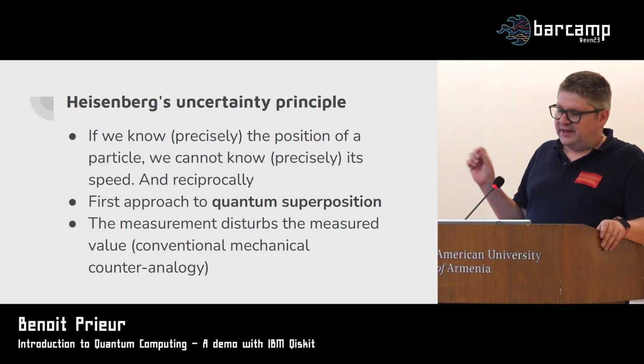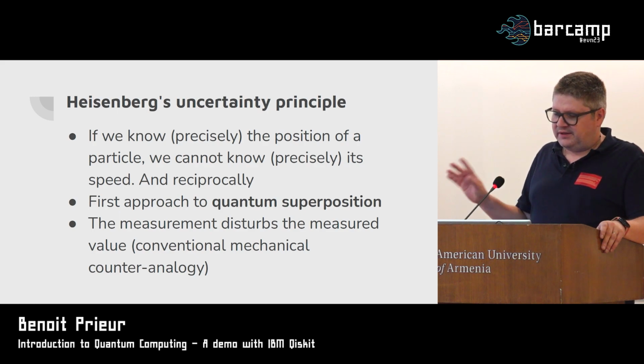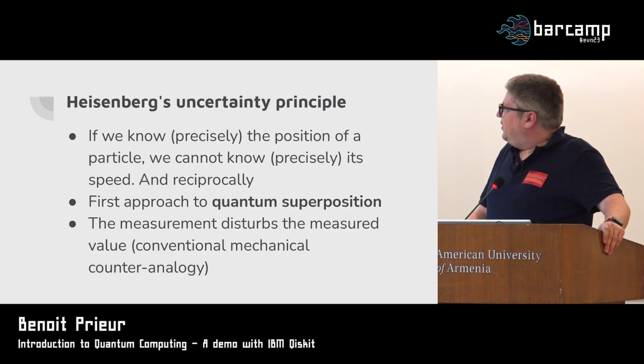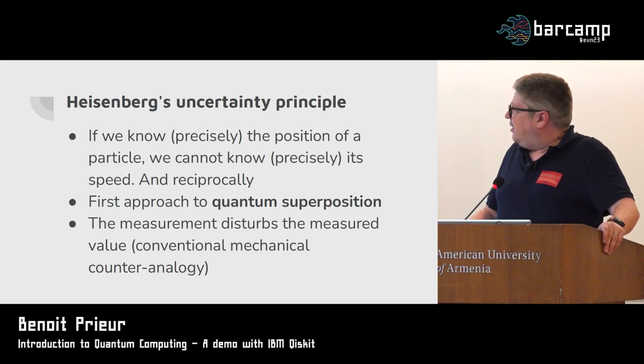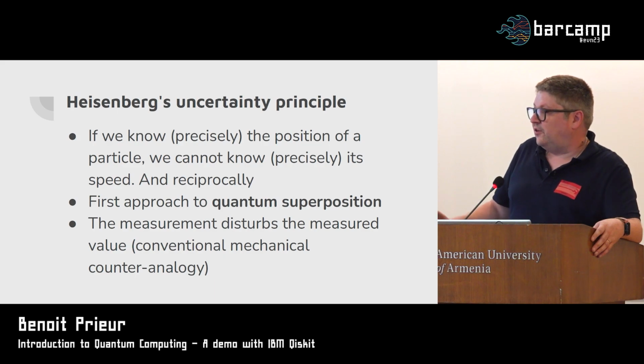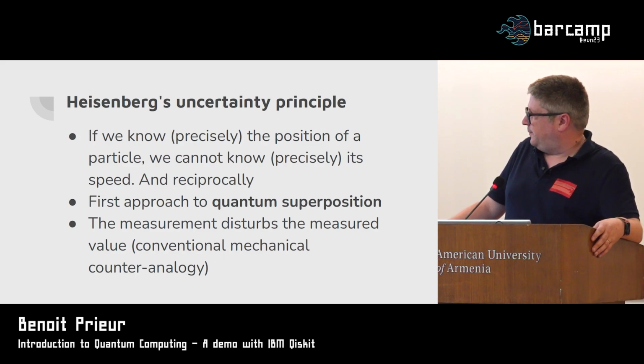Heisenberg explained that if we know precisely a characteristic of a particle, we cannot know another characteristic. For example, if we know the position of a given particle, we cannot know its speed.